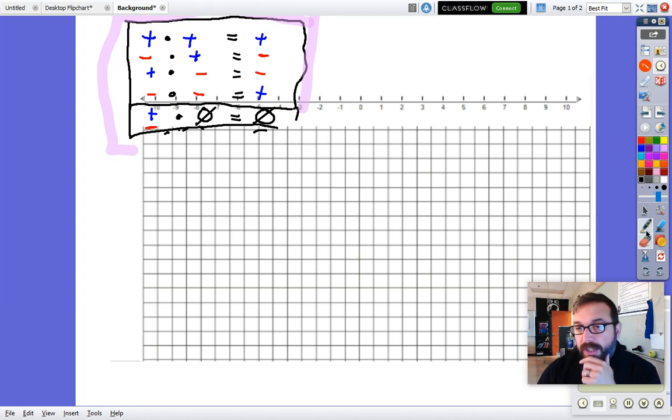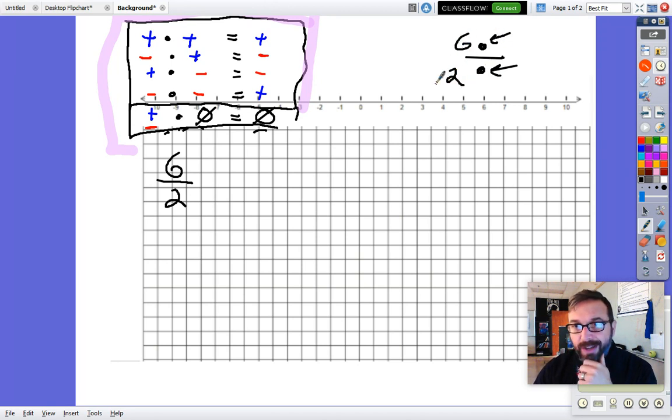So what I want you to think is if I have 6 divided by 2, and we should know that this is 6 divided by 2. Interesting side note. The division symbol is really a fraction, the 6 and the 2. It's just showing you the fraction. So the true division is in fraction form, for those of you that don't know.